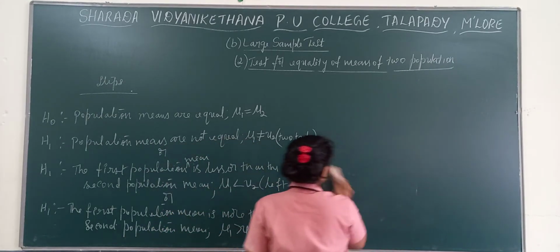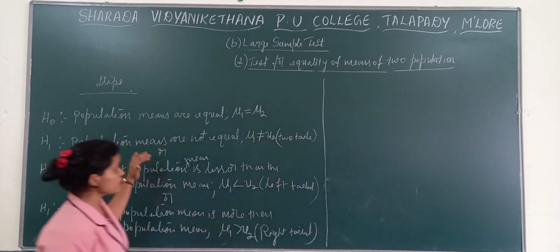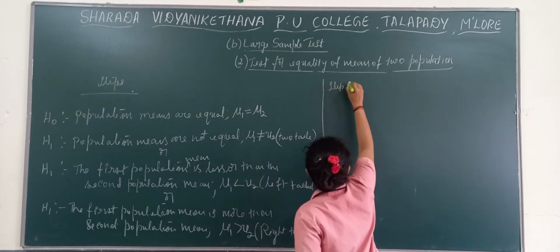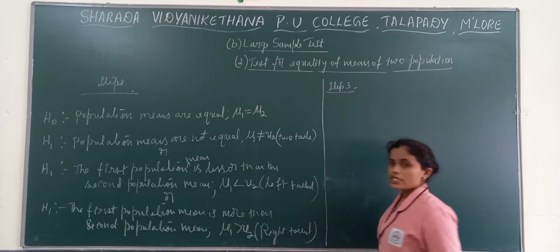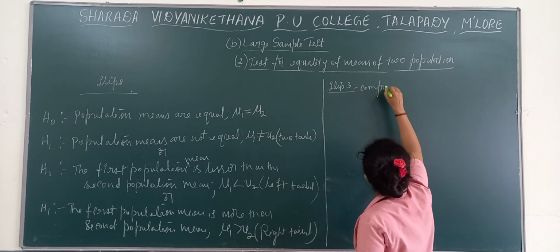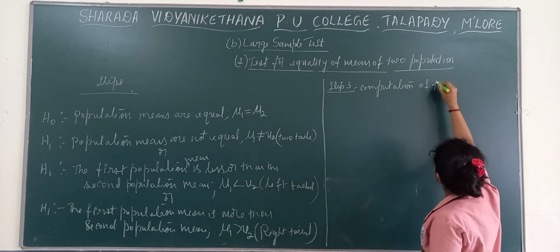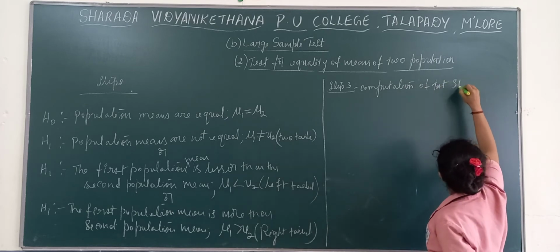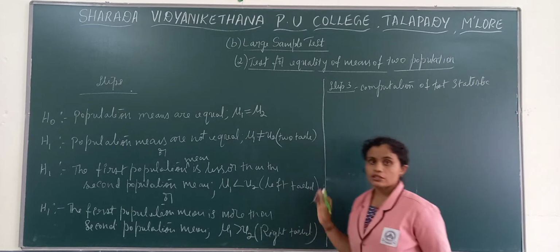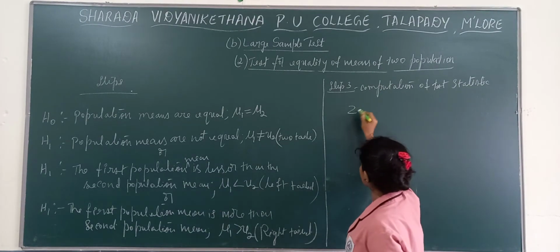Now, third step. After setting null and alternative hypothesis, the third step is computation of test statistic. Computation of test statistic means we need to write the formula here, then substitute in that formula.